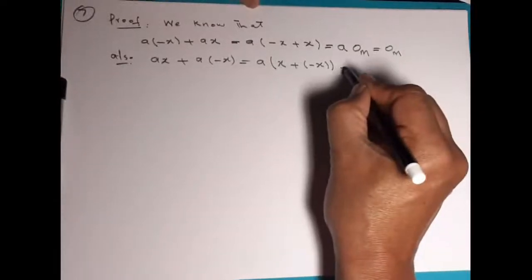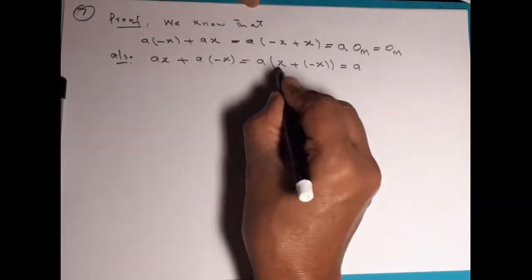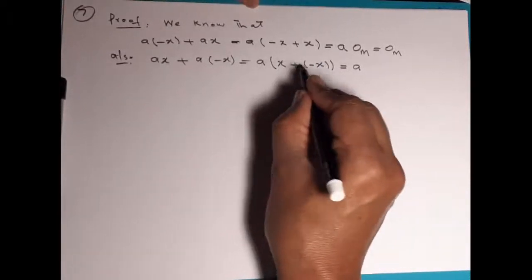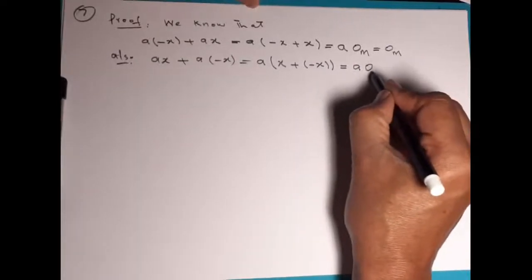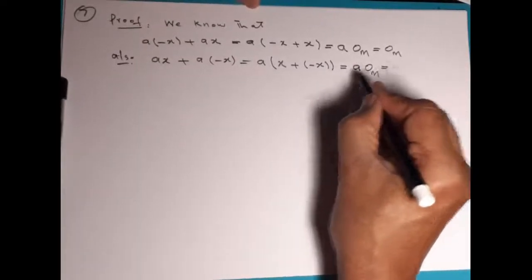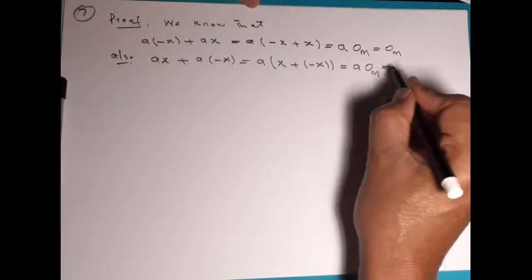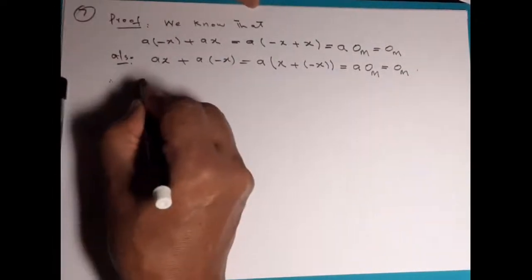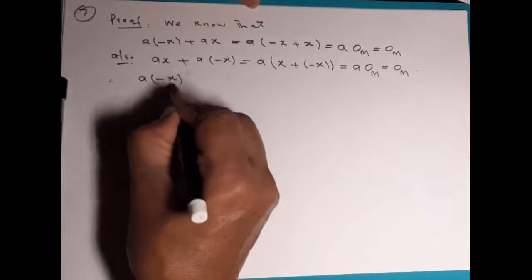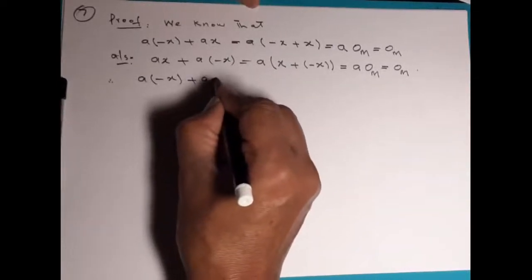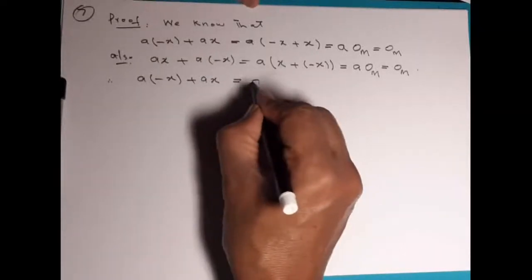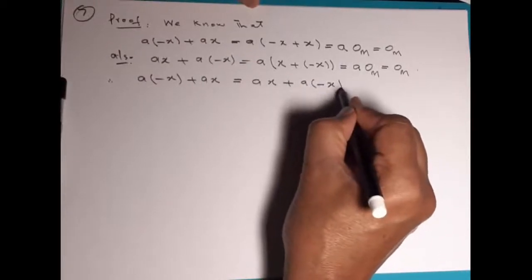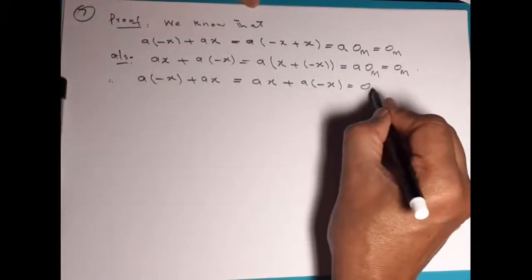And this is equal to, again, this x is an element of the module, minus x is its additive inverse, so x plus minus x will be equal to 0 of the module, and any element of the ring multiplied with 0 of the module is equal to 0 of the module. Therefore, we have proved that A multiplied with minus x plus A multiplied with x is the same thing as A multiplied with x plus A multiplied with minus x, and this is equal to 0 of the module.